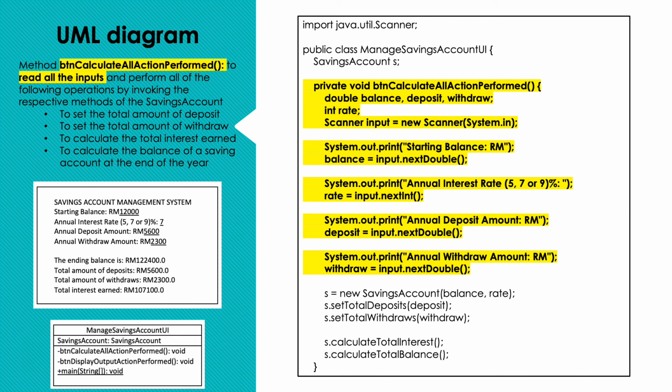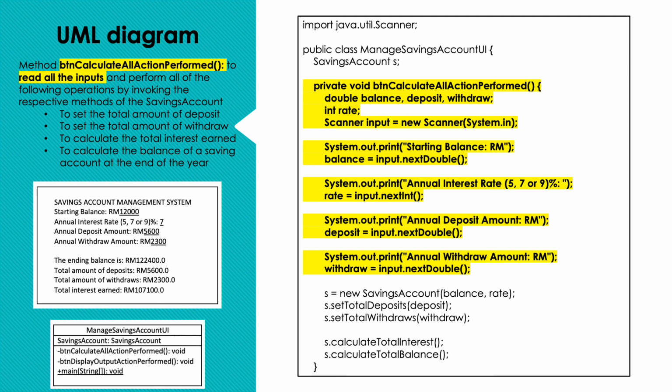In buttonCalculateAllActionPerformed, it needs to read all the inputs, so we would use our scanner. In the code, I have local variables called double balance, deposit, withdraw, and also int rate. Remember that when you use scanner, you need to write your import statement, so we have import java.util.Scanner.